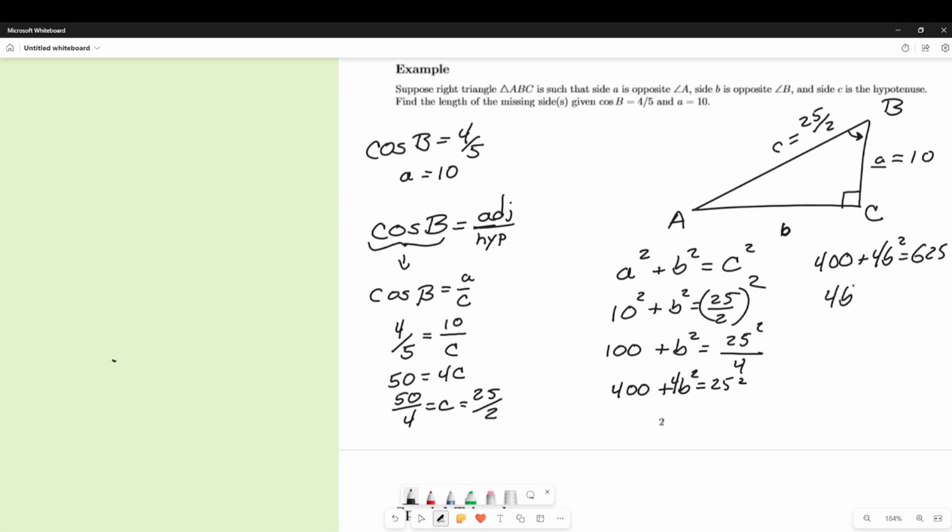So 4b squared is 225. So b squared is 225 fourths. So b is plus or minus the square root of 225 fourths. So b is plus or minus 15 halves?